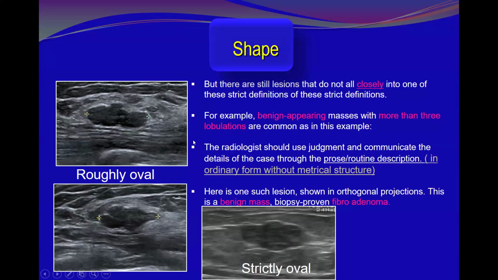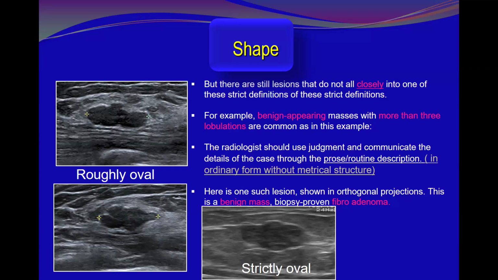Okay, what is the difference between this and this mass? When we look here, it has gentle undulation or macro lobulation. But when we look at this one here, we can see more than 3 lobulations.